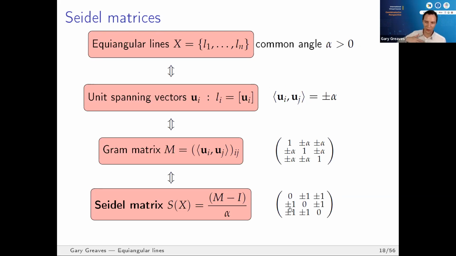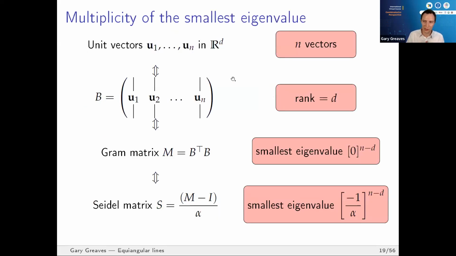So this is a forward and backwards relation. Now instead of looking at equiangular line systems, we can study these matrices known as Seidel matrices. Now we want to understand properties of our equiangular line system using a matrix. That's the next thing we'll try to understand.